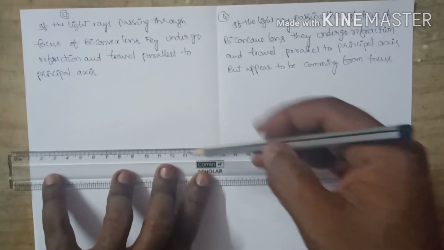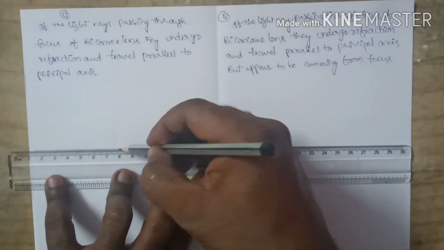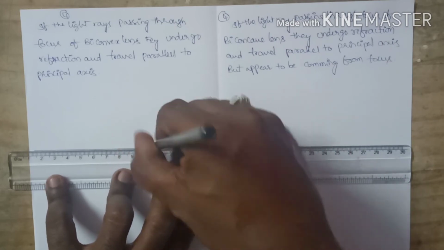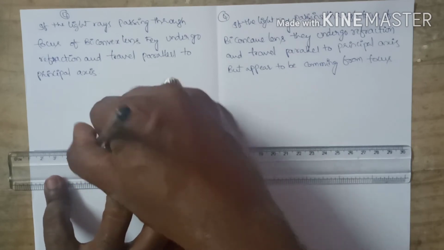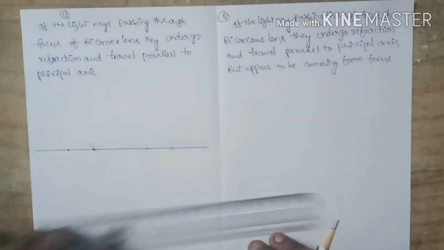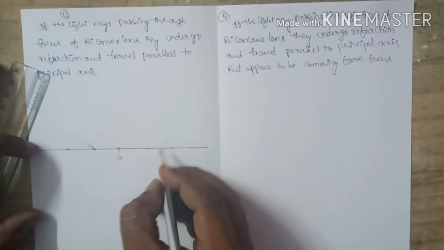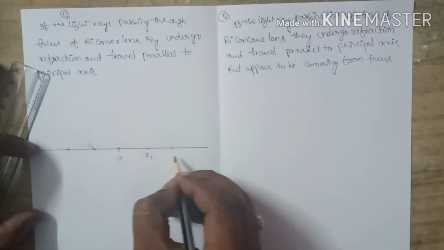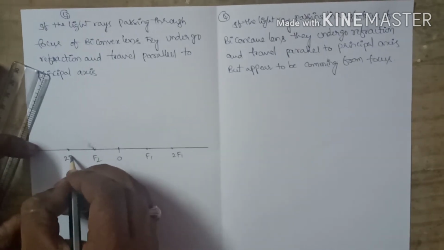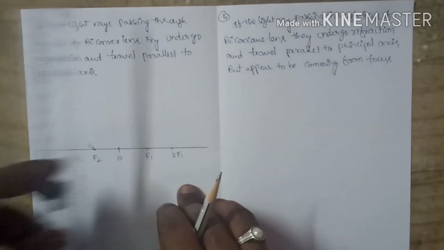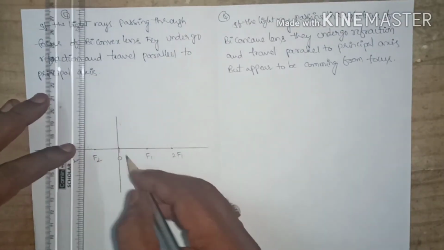For this purpose, draw the principal axis, identify the points as optic center as well as focus and centers of curvature. Consider this point as the optic center and this is F1, 2F1, F2, 2F2. At the optic center, draw the biconvex lens.